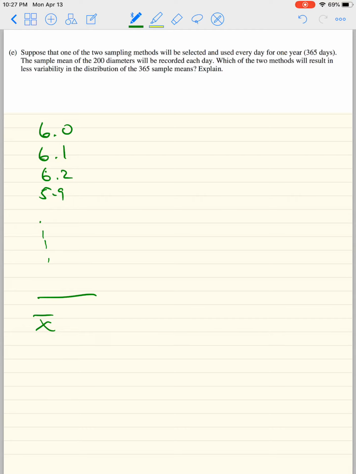Which of the two methods will result in less variability in the distribution of 365 sample means? Okay, so method 1 or method 2?